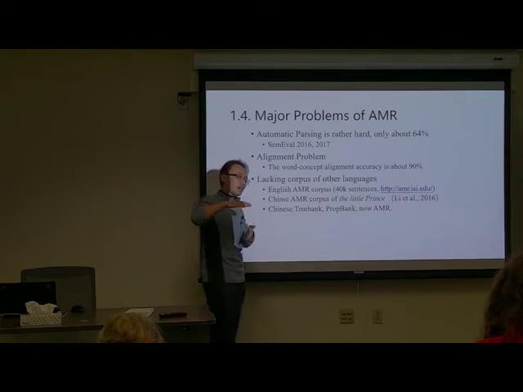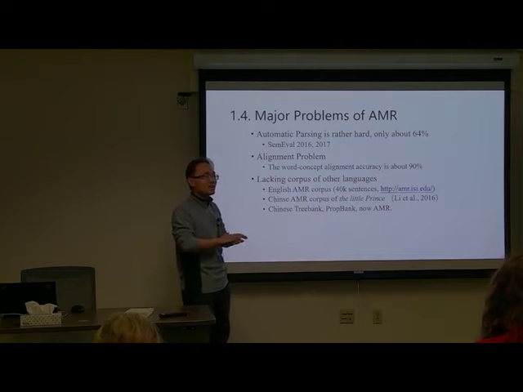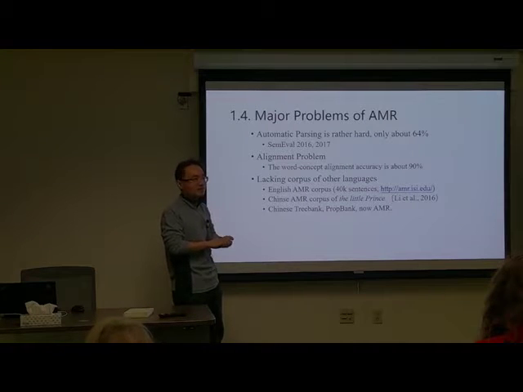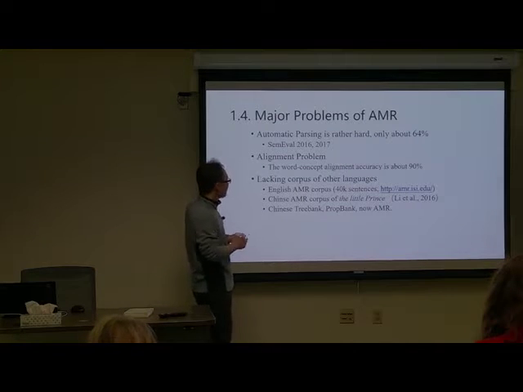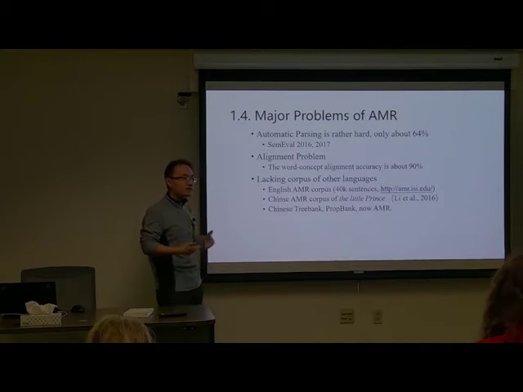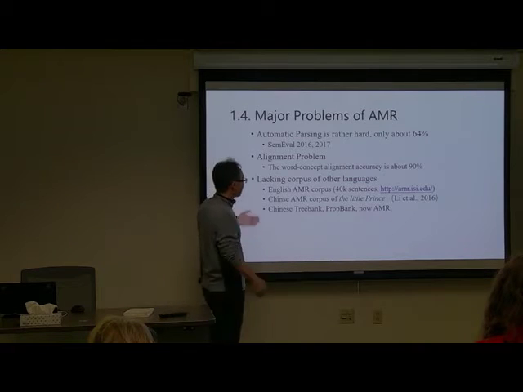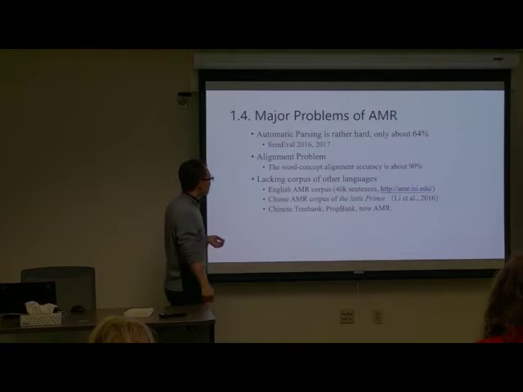It is very low compared to the treebank parser. And now it's better. It's about 74% when neural networks are applied and pre-training is used. But it's still hard. Yeah.